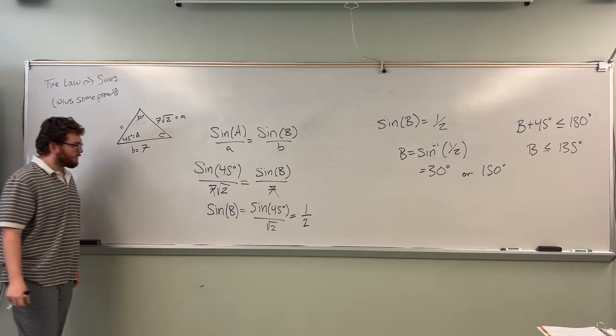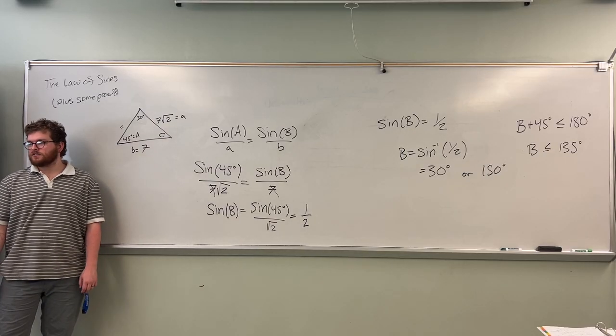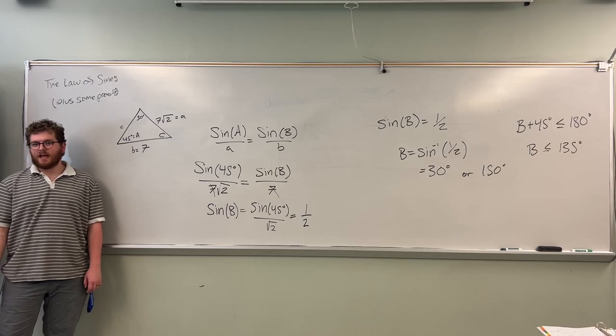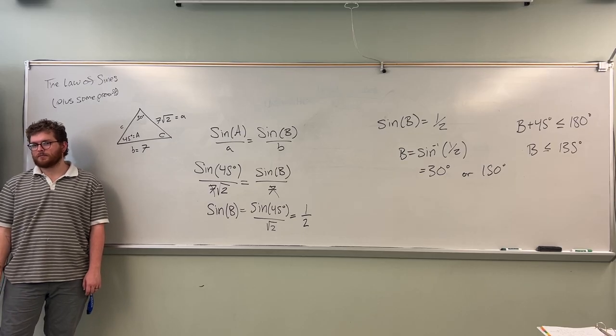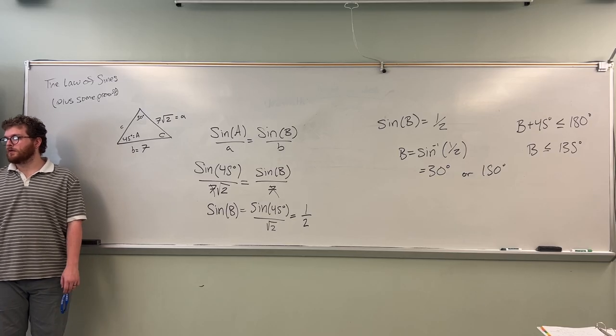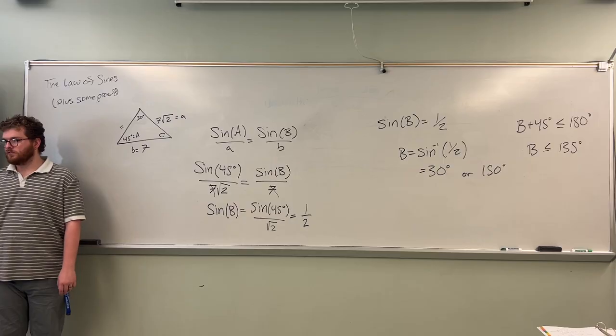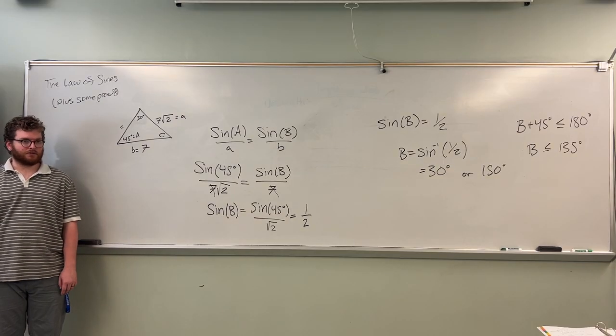All right. What should I probably do next to get my last angle before I try to get my last side? I'm given all the information I need. I don't really have to do much math or any formulas. I'm given two of my angles, and I know what they all have to add up to.